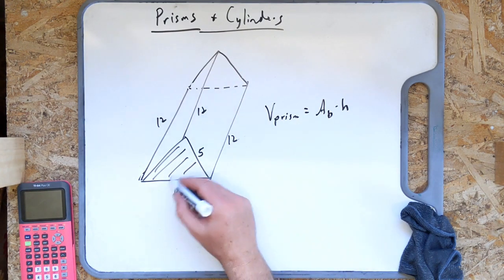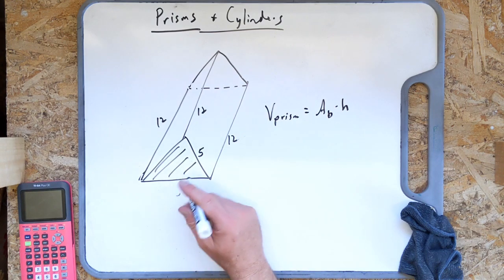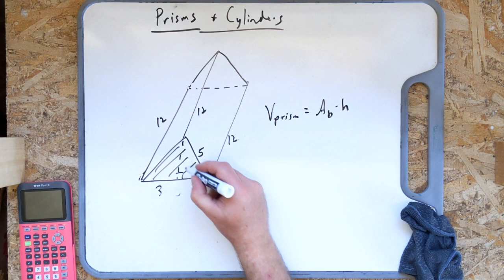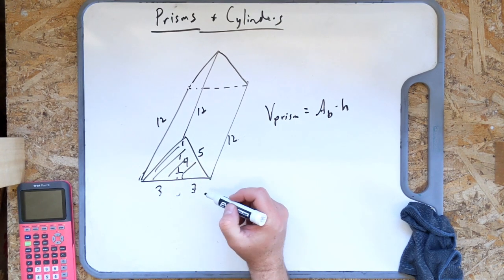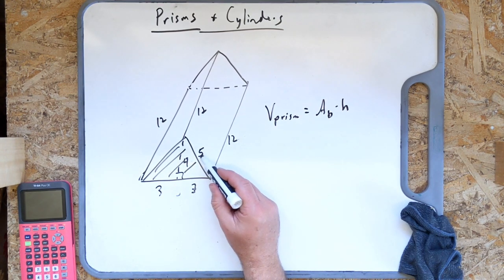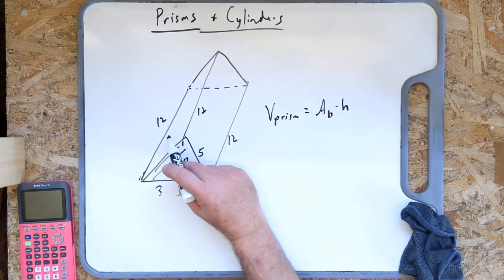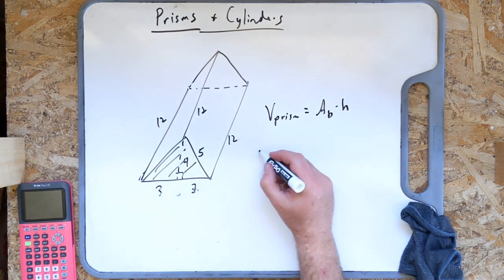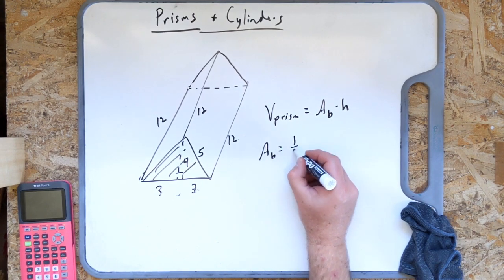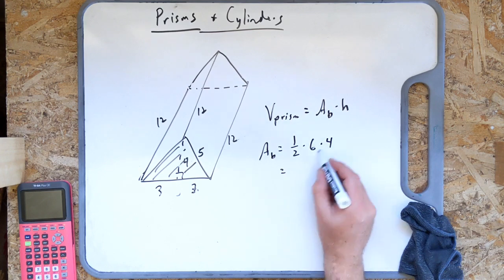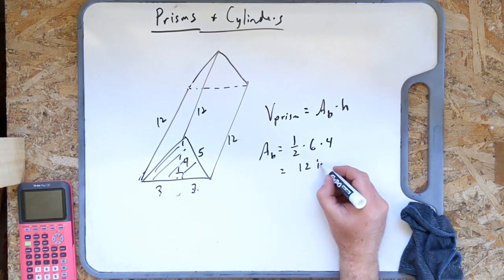Then the base is actually a triangle, right here, of height 4. And you can find that by the Pythagorean theorem. 5 squared minus 3 squared is 16, square root of that is 4. So the area of the base is 1/2 base, which is 6, times height, which is 4, or 12 square inches.